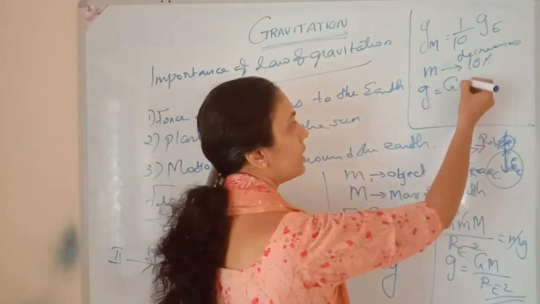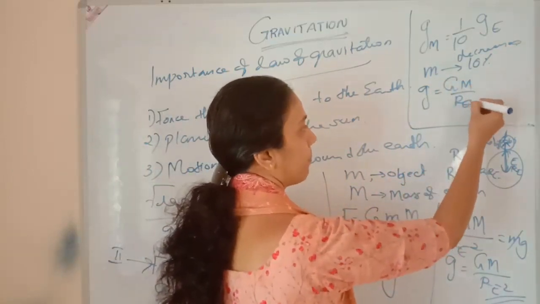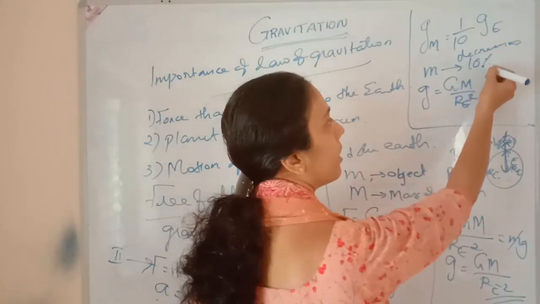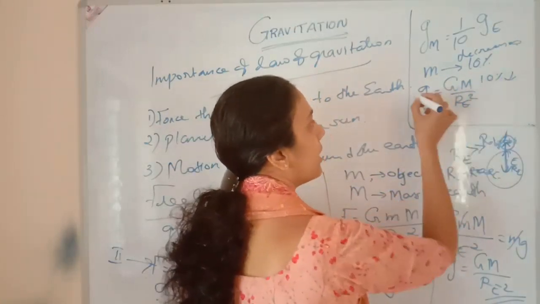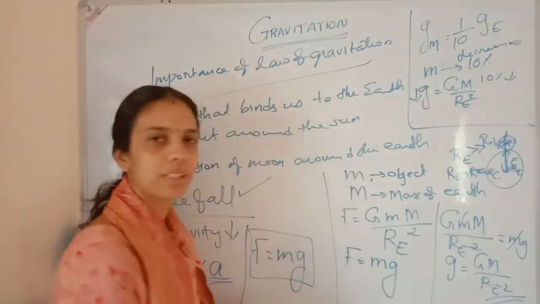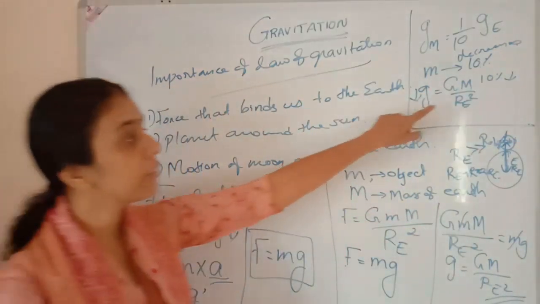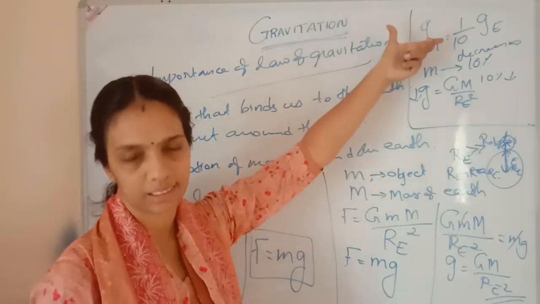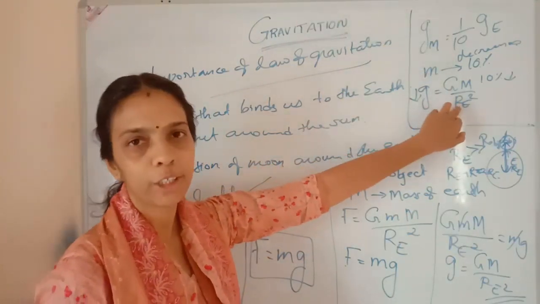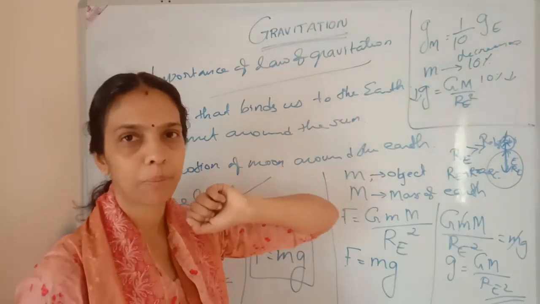Because g equals GM by Re square. If the mass is reducing by 10%, then the gravity also reduces, isn't it? But if the distance is reduced, gravity will increase by that much. Since distance is in the denominator, it is inversely proportional.